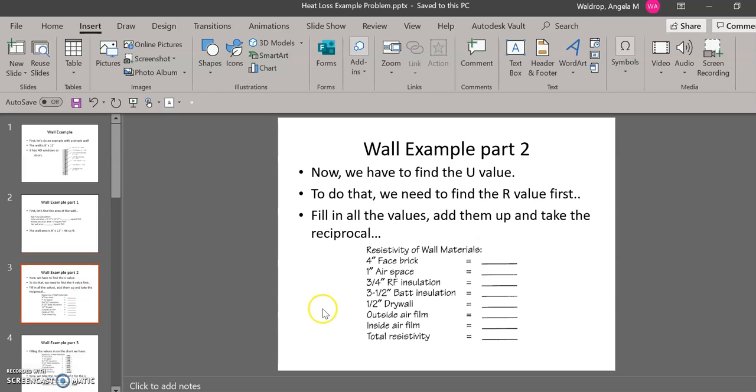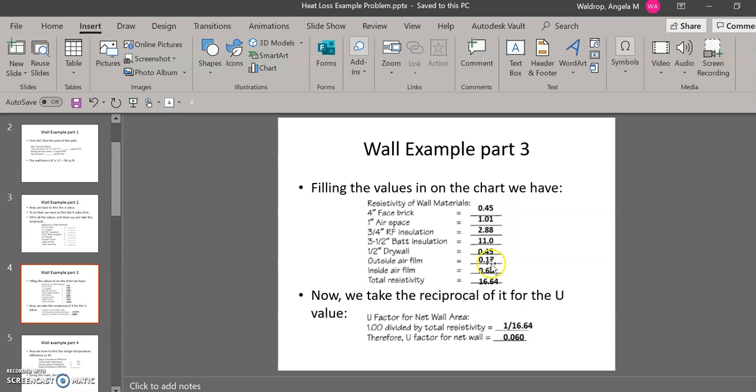The next step is we're going to find the U value. To do that, we've got to find the accumulated R value first. So what we'll do on the table, if you take a look at this picture that's right here, is I've copied and pasted it directly from the sheet. I've gone ahead and listed all the different pieces.